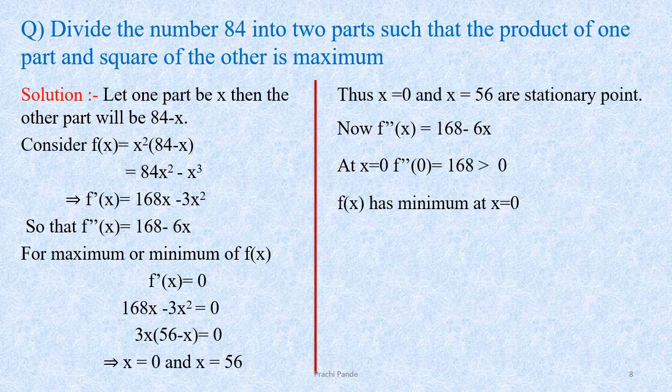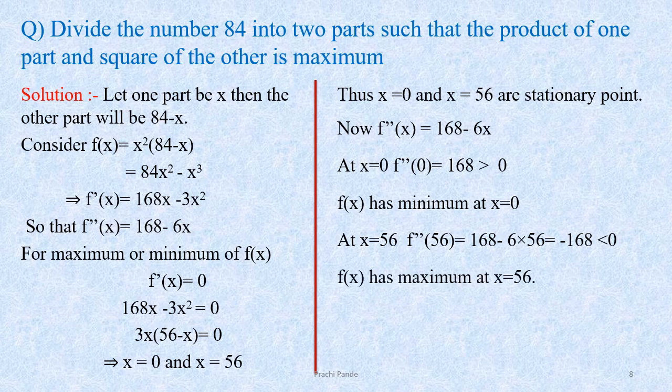As we are interested in the maximum value, we'll substitute the other stationary point in f double dash x. So for x equal to 56, f double dash of 56 is equal to minus 168, which is less than 0. As it is less than 0, f of x has a maximum value at x equal to 56.